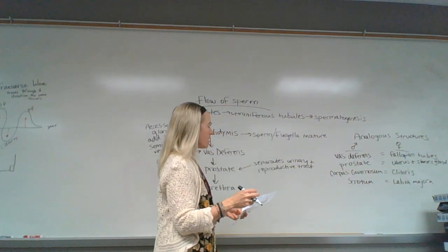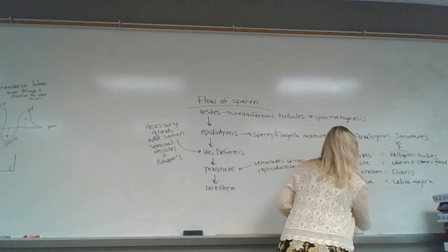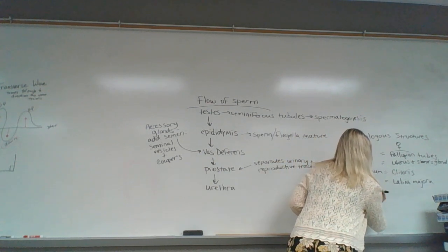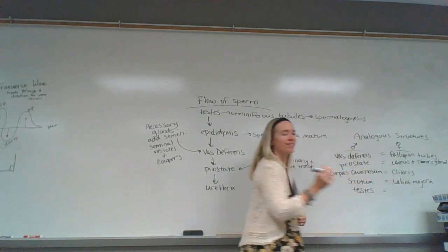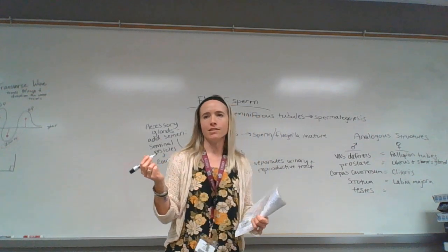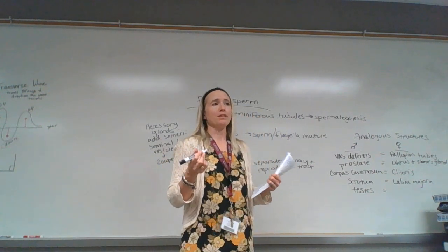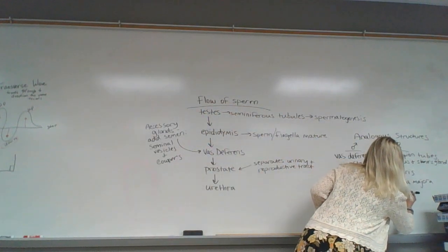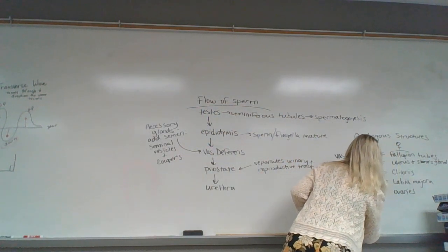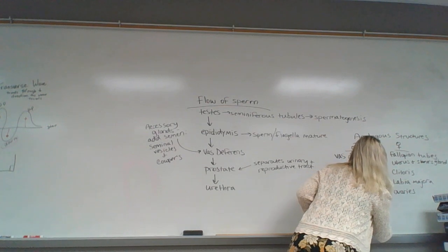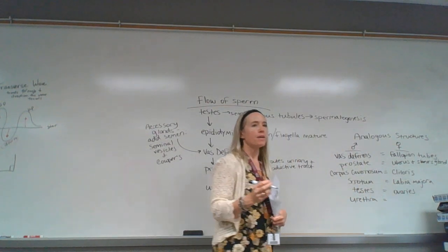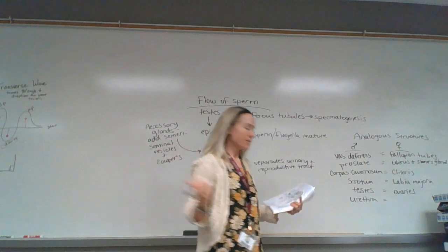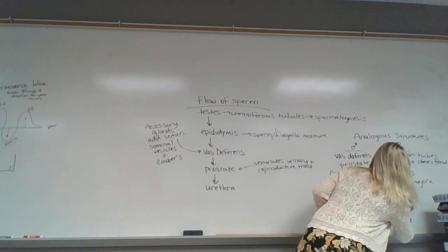Let's see. What am I? Oh, testes. It's pretty obvious. It looks just like testes, but they haven't descended. Ovaries. And a sneaky one. Urethra would be analogous to the urethra.